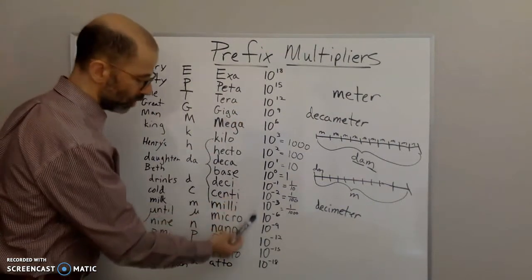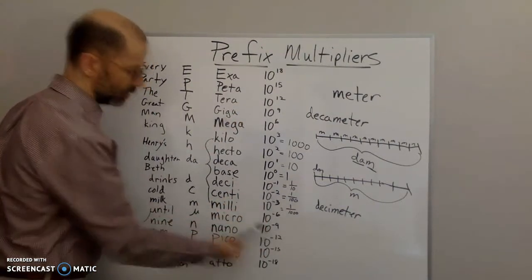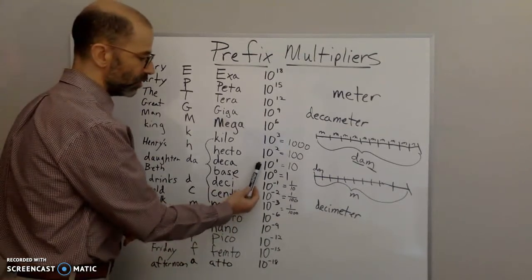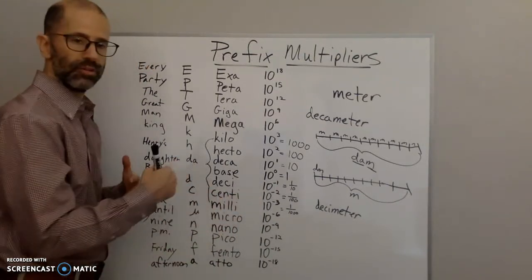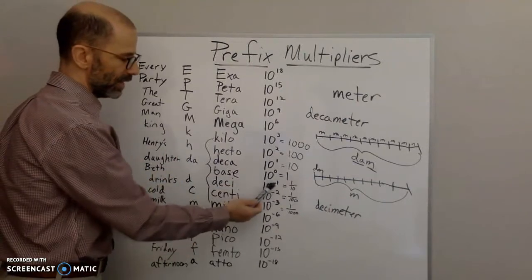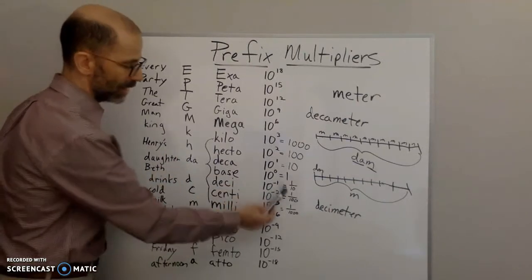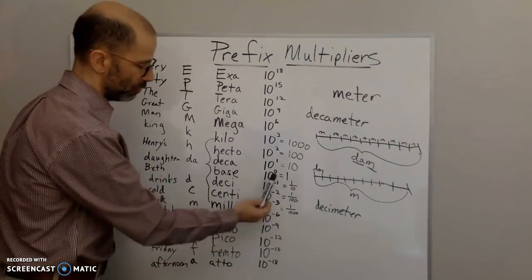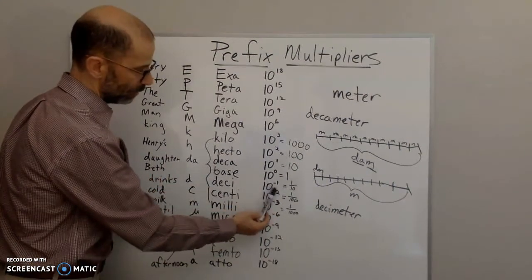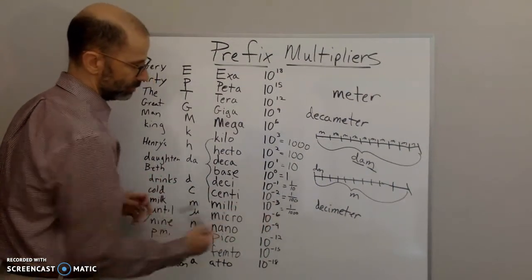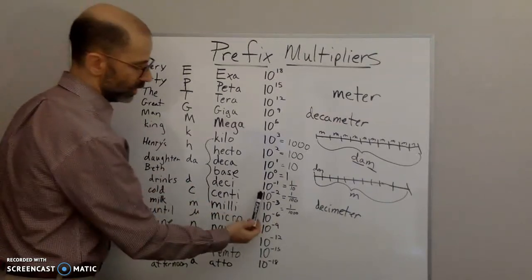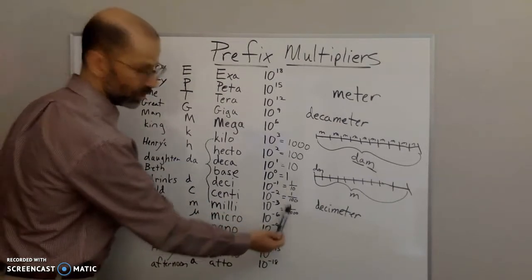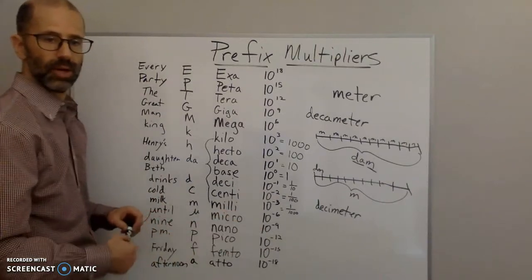These, if you notice, are negative exponents. You're going to be multiplying by these, but you're going to be making the unit smaller. If you're multiplying by a negative exponent, that's the same as dividing by the positive exponent. So if you remember, 10 to the negative 1 is 1 over 10, right? 10 to the negative 2 is 1 over 100. 10 to the negative 3 is 1 over 1,000, and so on.